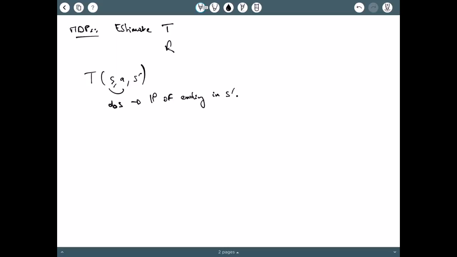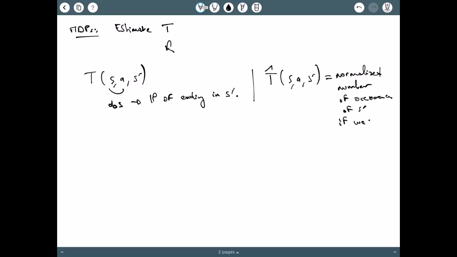This is going to be a sample, and basically what's going to happen is that T of S, A, S prime estimated is going to be the normalized number of occurrences of S prime if we choose A in state S. All right, and about the reward function, we can do the same thing.